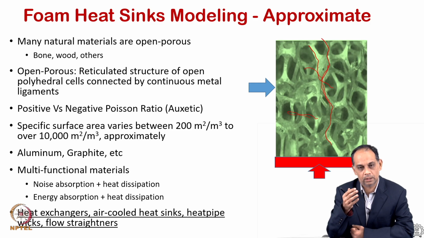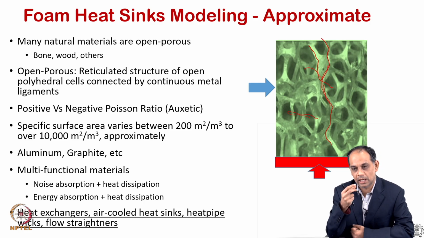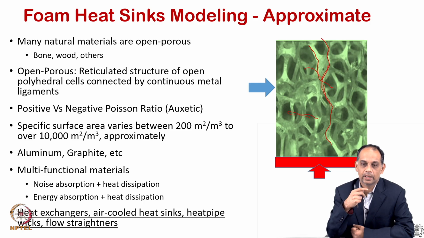But if they are done correctly, foam heat sinks can also be used as multifunctional materials. For example, they can be used for absorbing sound in electronics cooling setups. The sound created by fans is a nuisance, and if a heat sink can absorb both the sound as well as dissipate heat within the same functional volume, then it is a very big advantage.